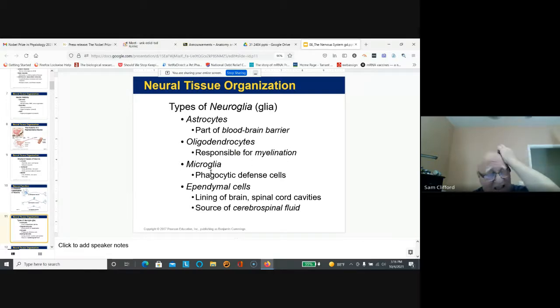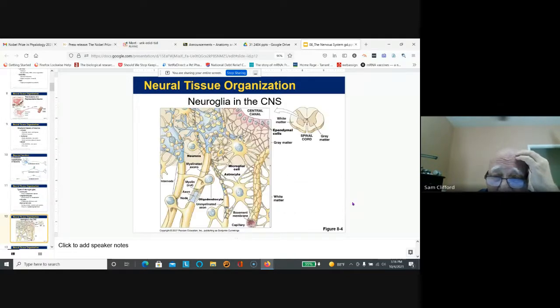Microglial cells will clean up dead tissue and other detritus and waste. They will also attack bacteria to stop an infection. And ependymal cells line the spinal cord cavities and they make cerebrospinal fluid.